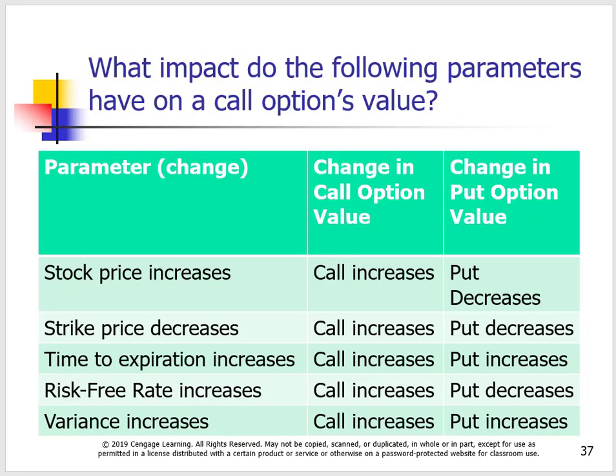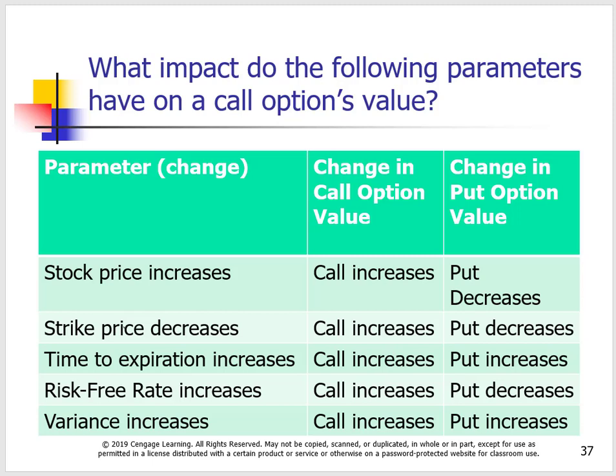So let's think about how this works. What happens if the variables change over time? Again, remember we had these 5 variables. We have stock price, strike price, time, the risk-free rate, and variance.